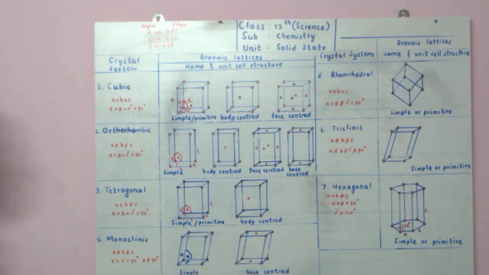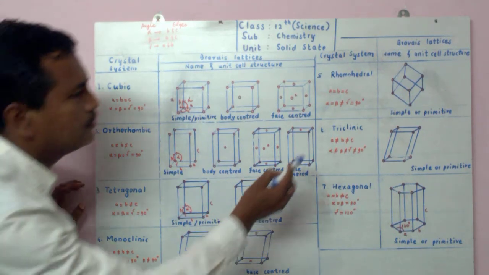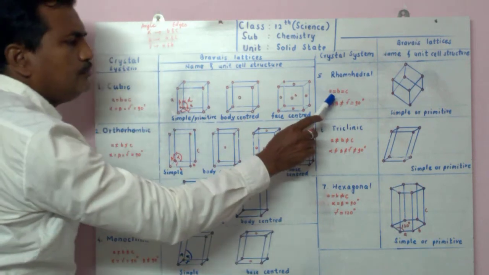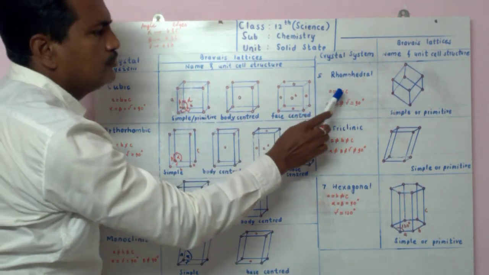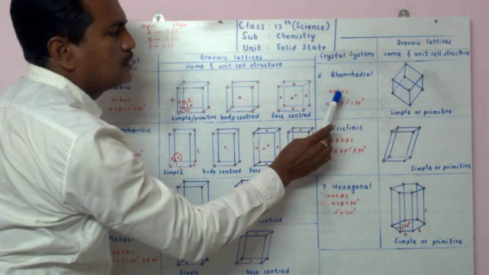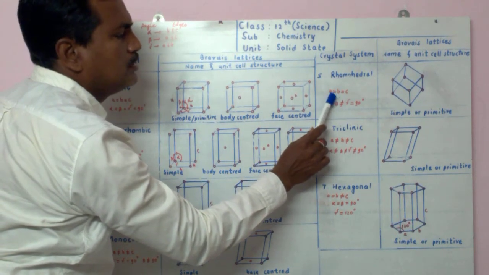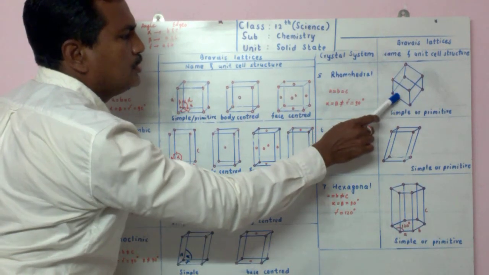Then the fifth type is rhombohedral. Here the edge lengths are equal: a is equal to b is equal to c.